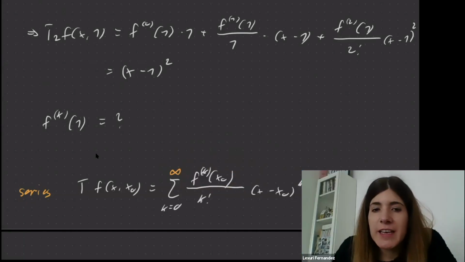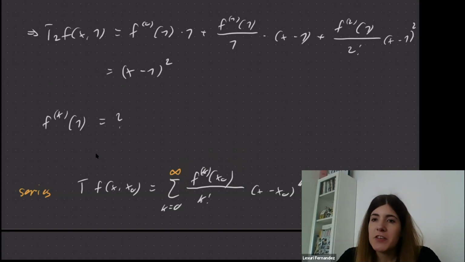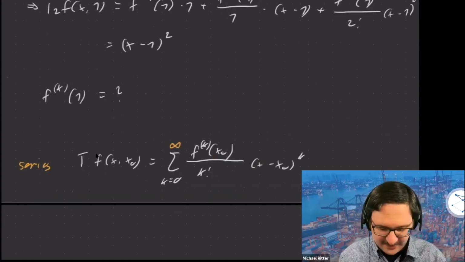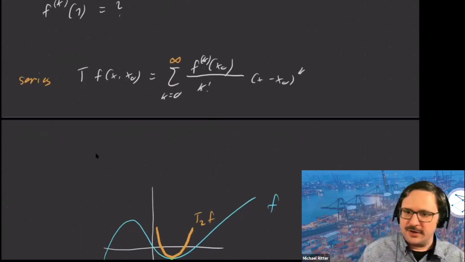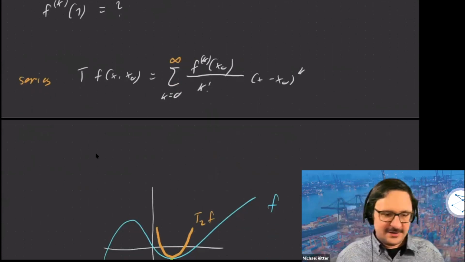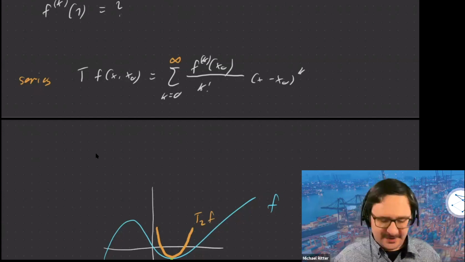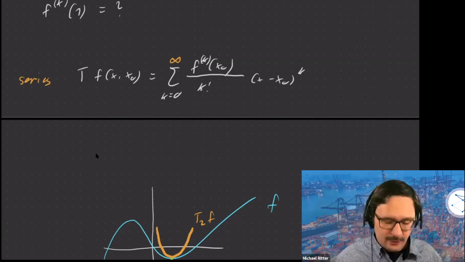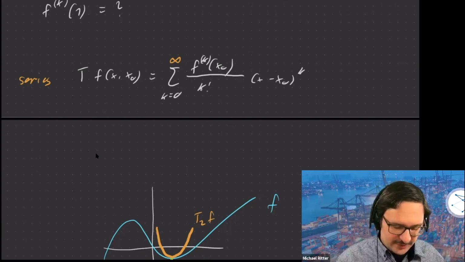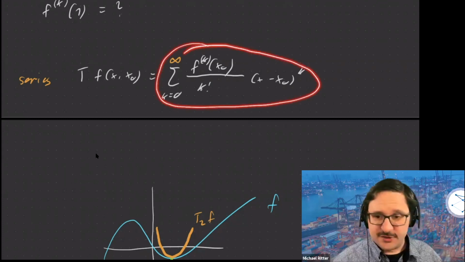Could you explain shortly again in what case we use the remainder? So if you have a Taylor series or a Taylor polynomial of a certain function, there's basically two use cases for the remainder. The first one that we also discussed in some examples is if you want to know whether the Taylor series, this one here, actually converges to the function.